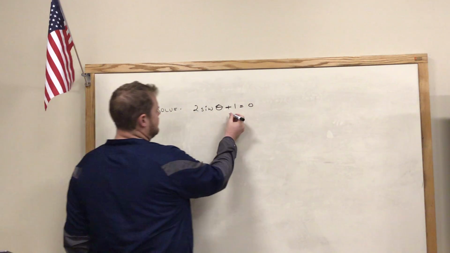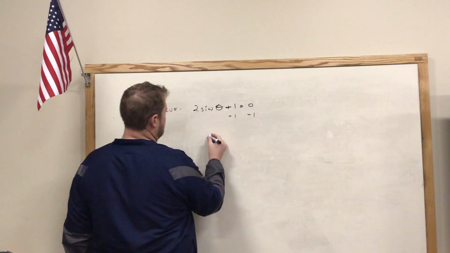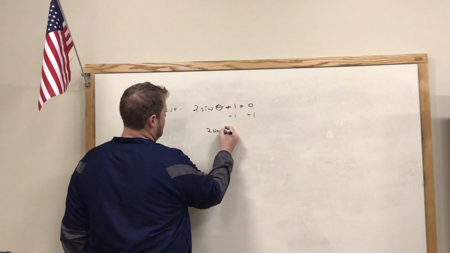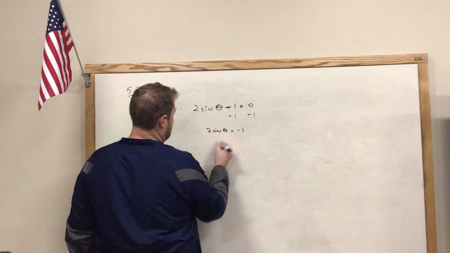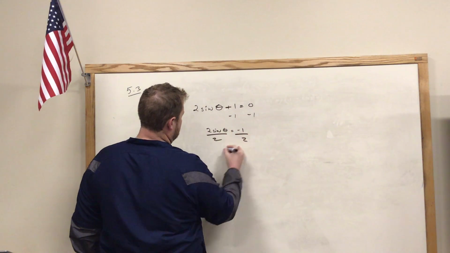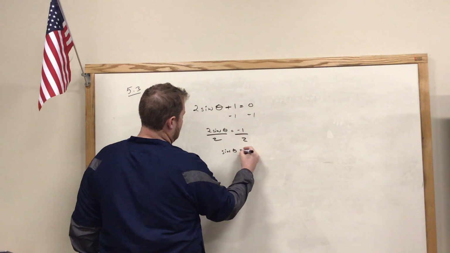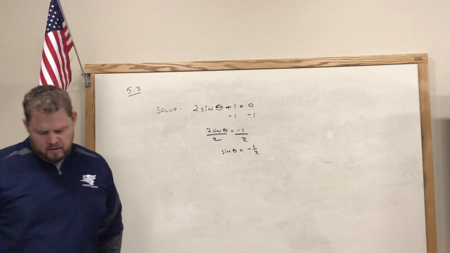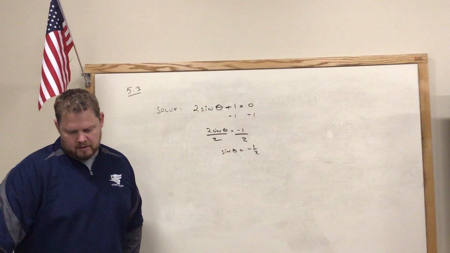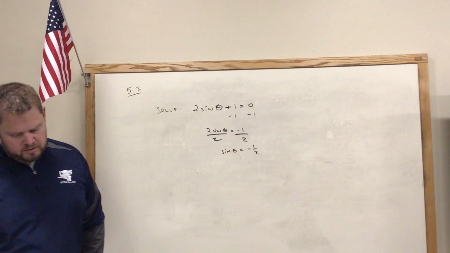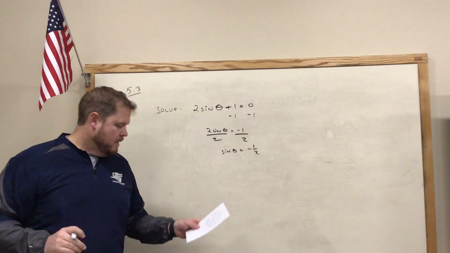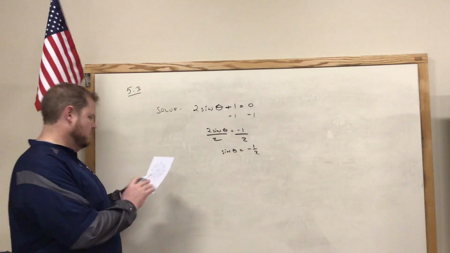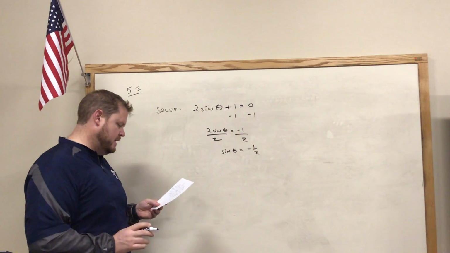First off we move the 1 over, so 2 sine theta equals -1. Divide by 2, sine theta equals -1/2. Everybody agree with that, correct? So go to your little chart and find sine -1/2.